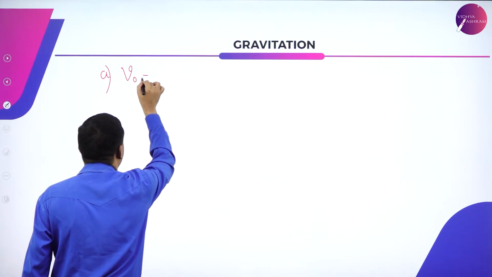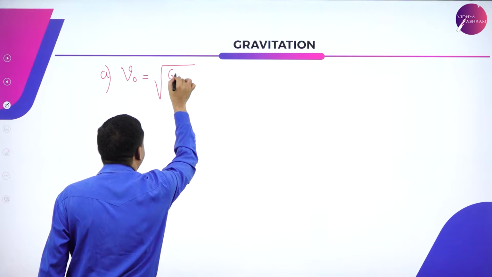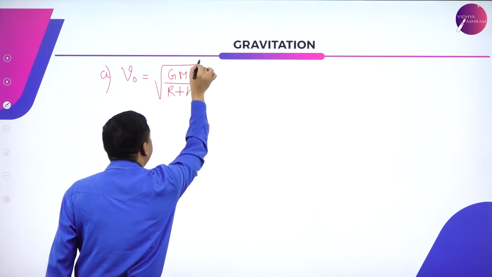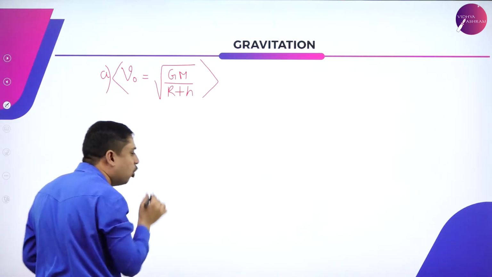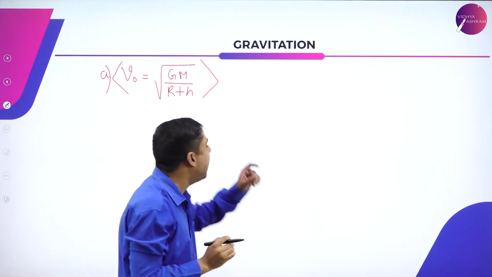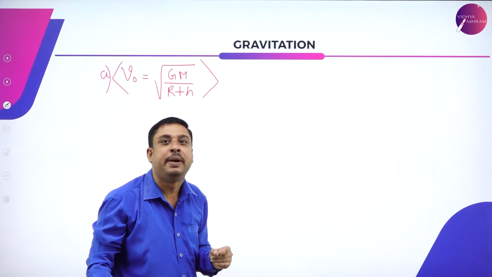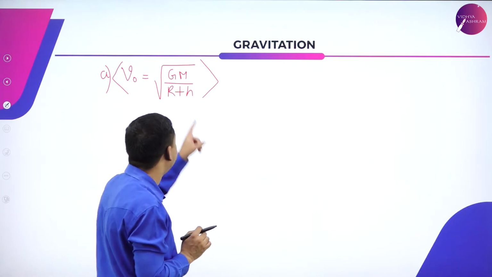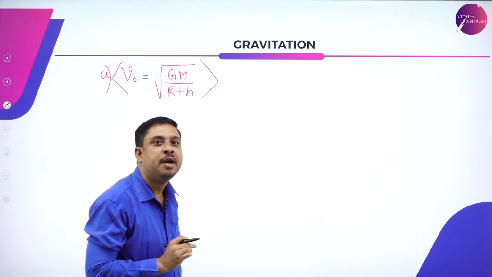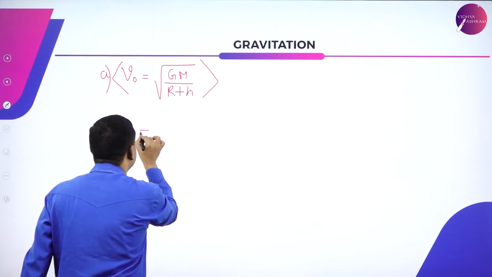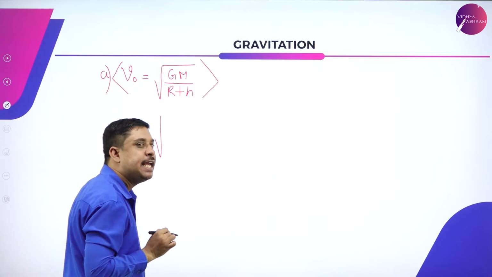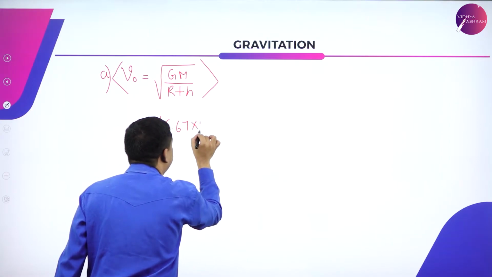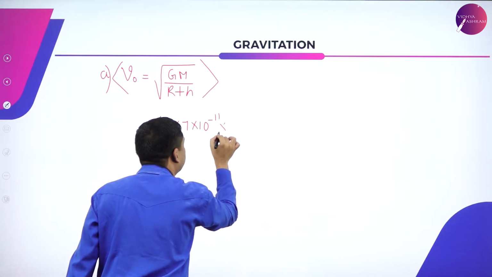So V0, which is root GM divided by R plus H. If you remember, this is the expression for orbital velocity, root GM divided by R plus H. G, gravitational constant, is 6.67 into 10 power minus 11.